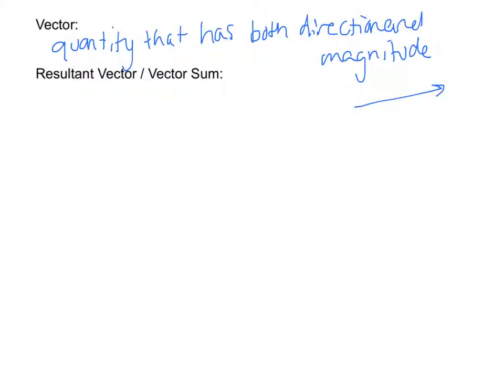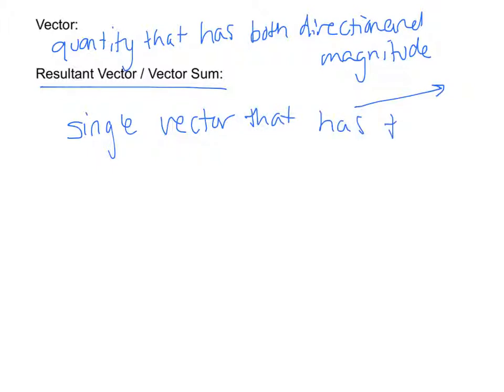Then a resultant vector, or a vector sum, is the single vector that has the same effect as two vectors.